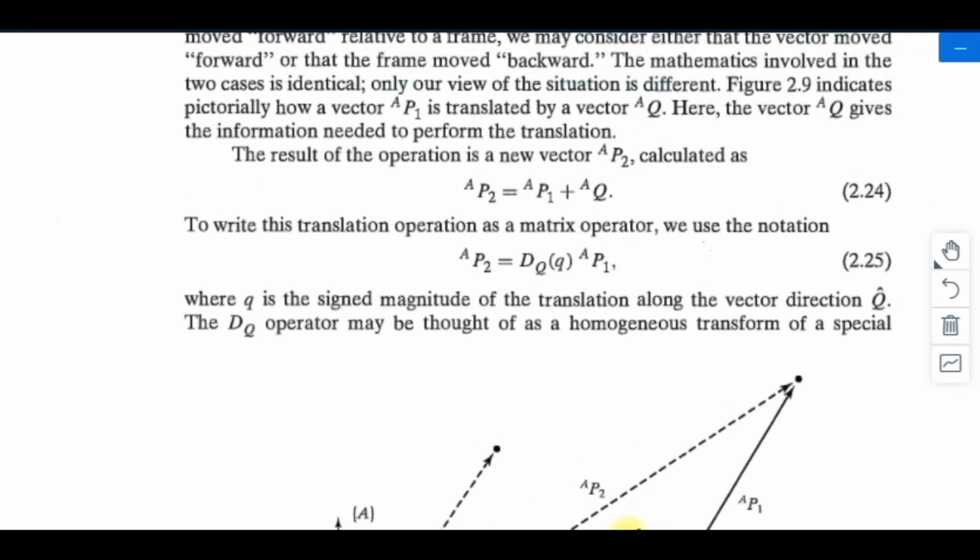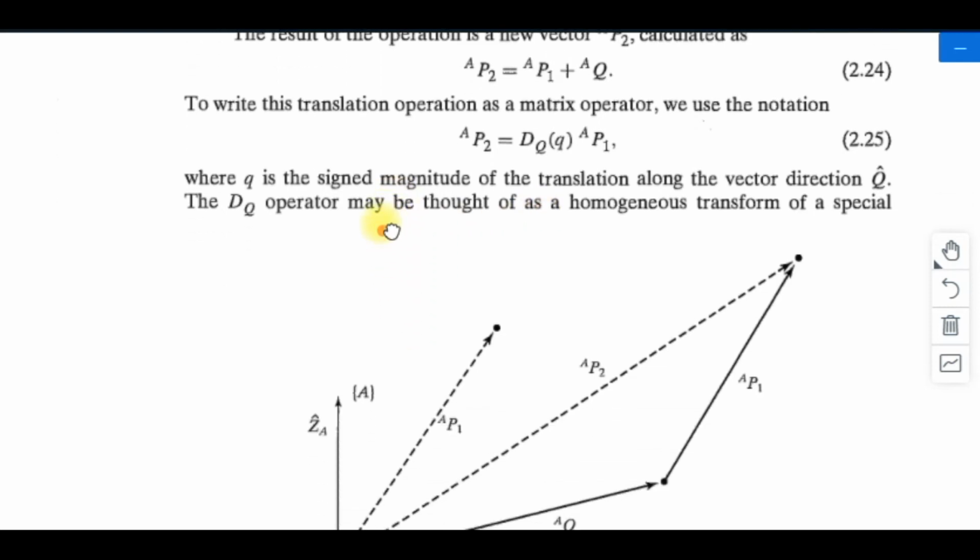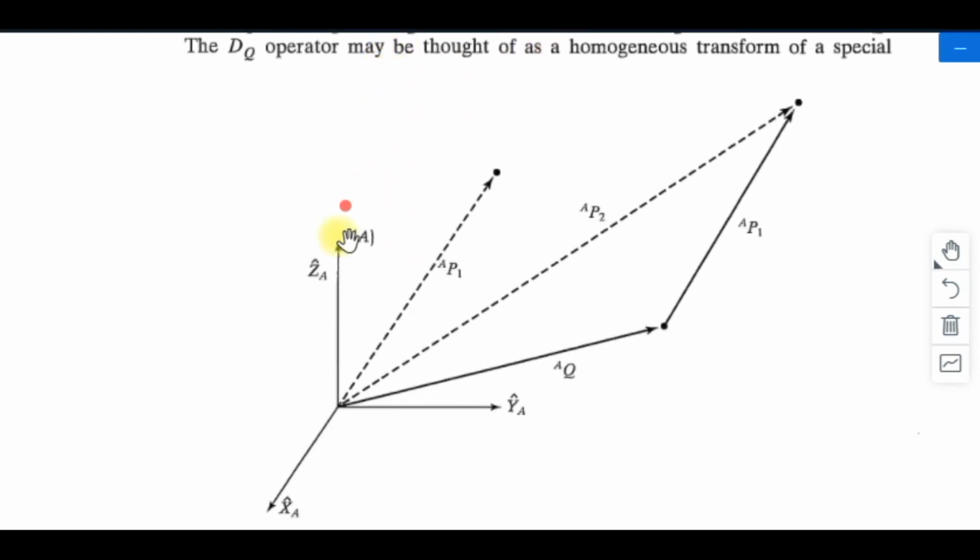So the translation operation as a matrix operator, we may write that AP2 equals DQ(Q) into AP1, where Q is the signed magnitude of the translation along the vector direction Q. So the DQ operator may be thought of as a homogeneous transformation of a spatial coordinate point.